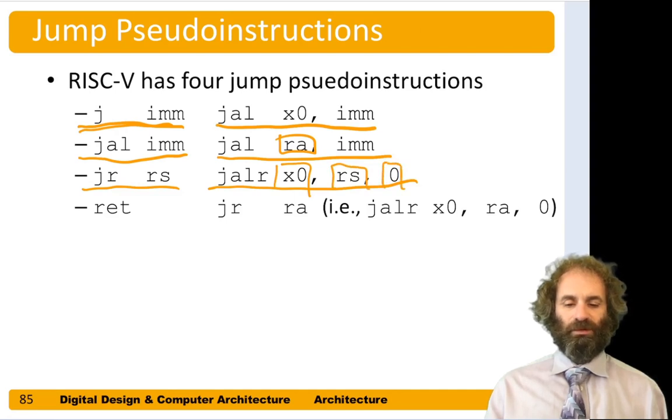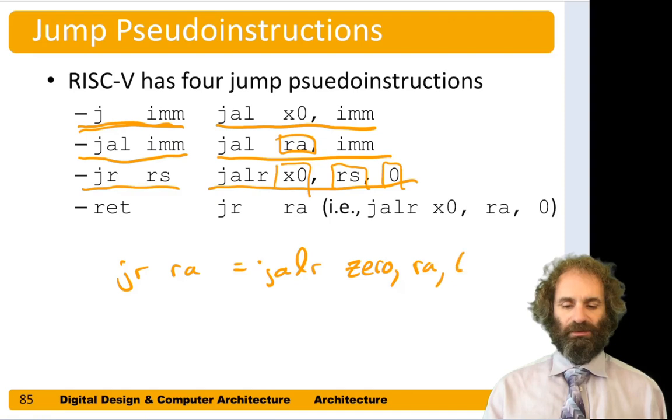So just rs directly. So jump register RA is really jump and link register 0, RA, 0, to jump to what's in RA and throw away the return address.